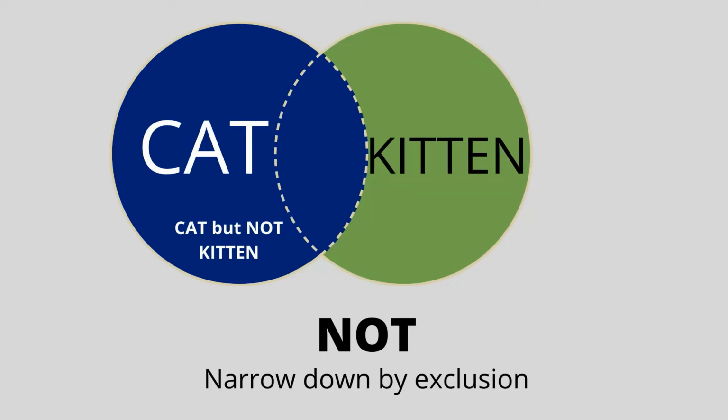That's when you're going to use not. So you know that you have this one term, you only want to search for that term, but you also know that a lot of times if you use that term, another term is going to come up. Or if, for instance, there's a word that has two very different meanings, then you might be able to find a way to exclude that secondary meaning with the use of not.